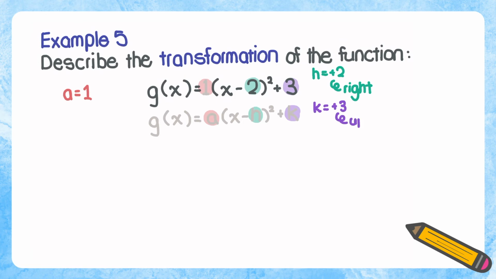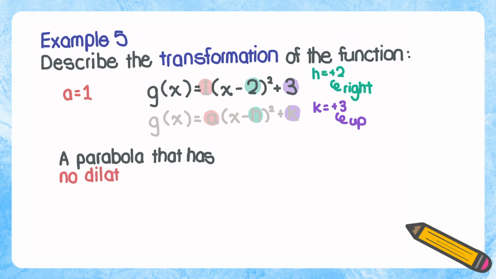We'll be moving up. So in this case, there are translations, but there are no dilations. So we have a parabola that has no dilation because a is equal to 1, not greater than or less than 1. And we also have the translations based on h and k.